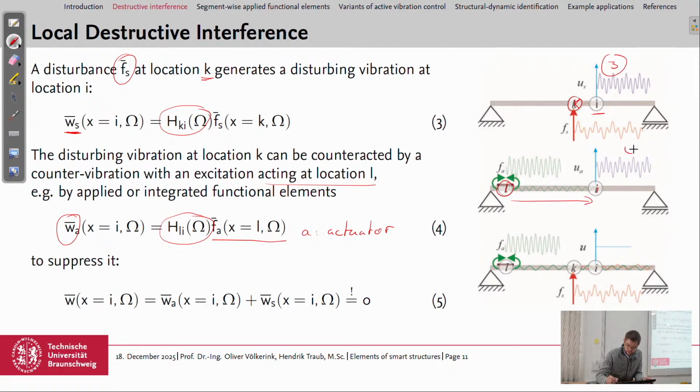So this is described by equation 4. And then to suppress it, we state that the overall vibration at this point I should be the sum of the vibration induced by the actuator and the vibration induced by the external excitation or the disturbance, and this should be 0.